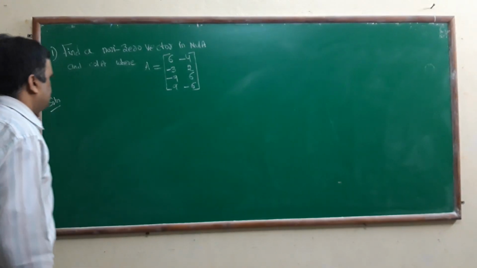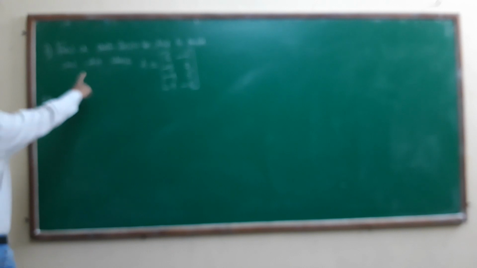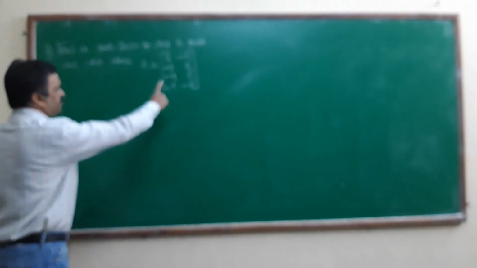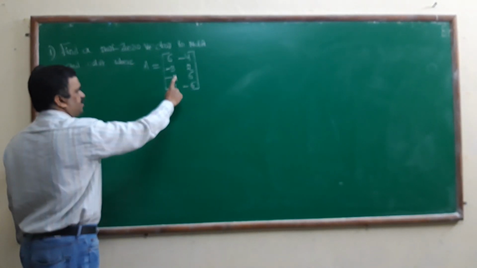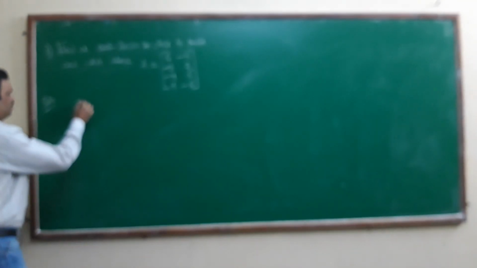Before that, see the question once. Find a non-zero vector in Nul A and in Col A, where A equals the matrix with rows 6, -4, -3; 2, -9, 6; and 9, -6.